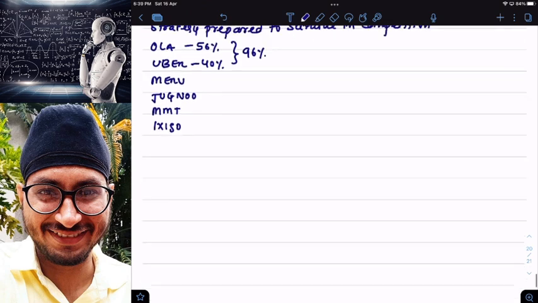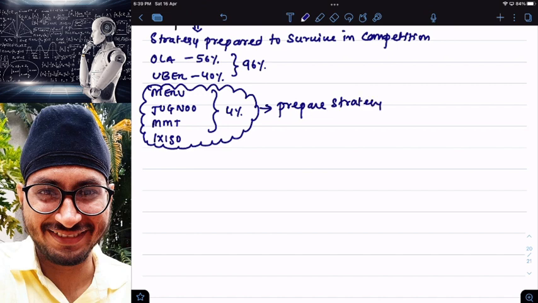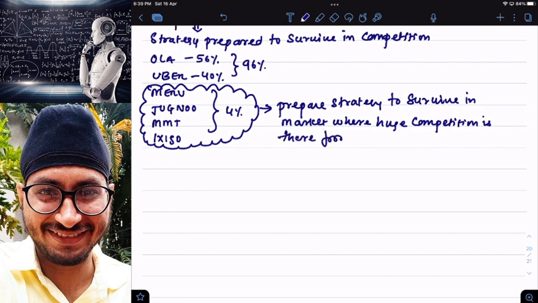Now all these four companies put together have 4% market share. Now what will these four companies do? These four and other cab companies will prepare a strategy to survive in the market where huge competition is there from whom, sir?